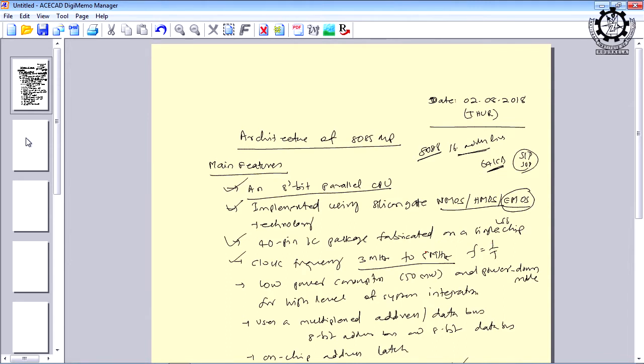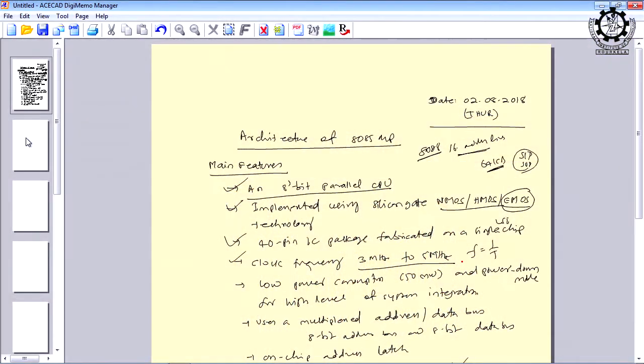So, if the frequency is high, the time period will be less. The meaning is that if a microprocessor is of a high frequency, then it can execute the operations faster. Is it okay? It can execute the operation faster if it is high frequency. Now, the question comes, if you have 5 megahertz, why can't it be 10 megahertz?